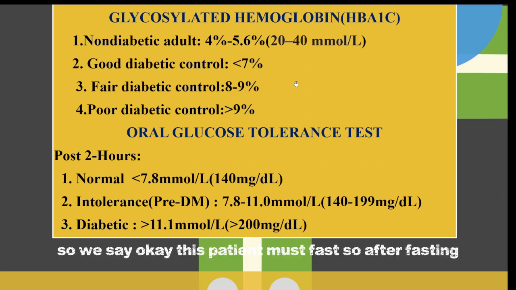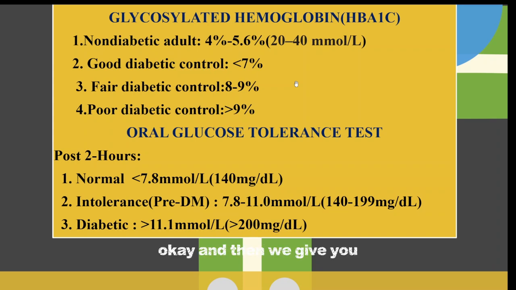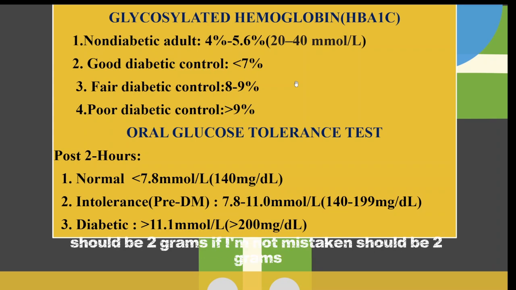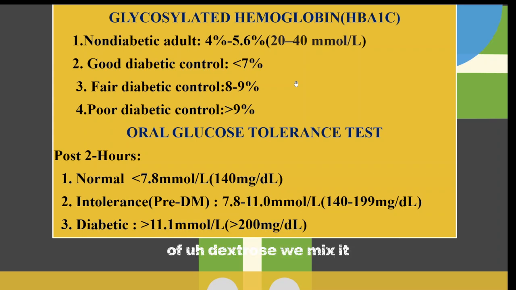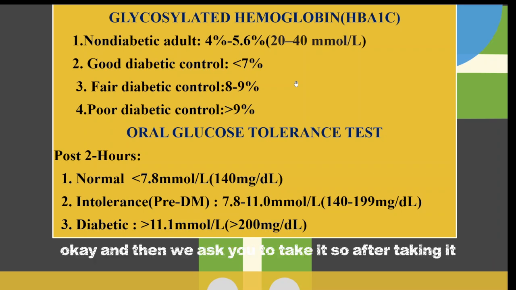So we say, okay, this patient must fast. After fasting, you come to the hospital, and we give you 2 grams, if I'm not mistaken, of dextrose. We add it to at least 300 mils of normal saline, and then we ask you to take it.